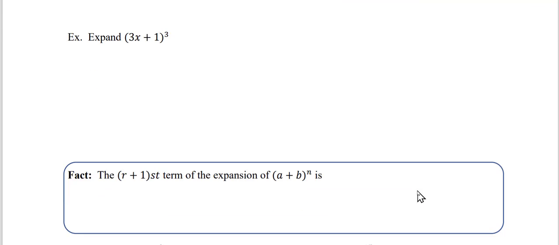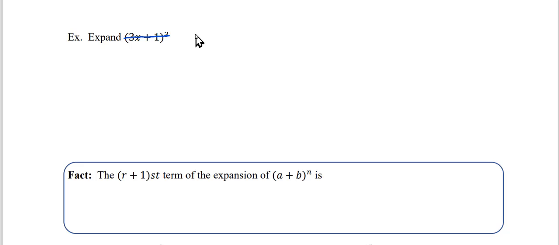This one's a little more complicated because we don't just have x and y here, but the idea is still the same. Wherever I had an x in my binomial expansion, I now need to put 3x, and wherever I had a y, I'm going to put 1. Actually, let me do something to make this a little bit easier.